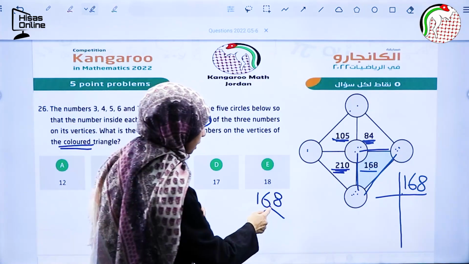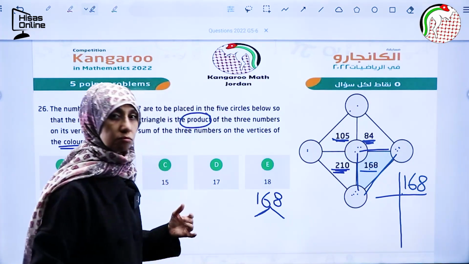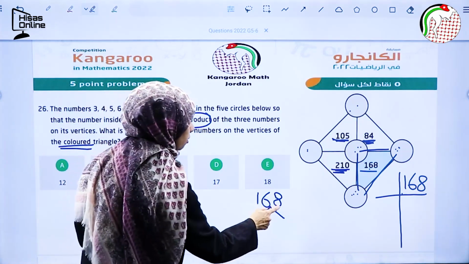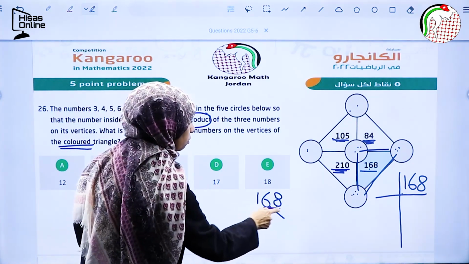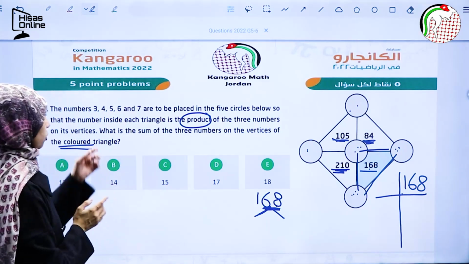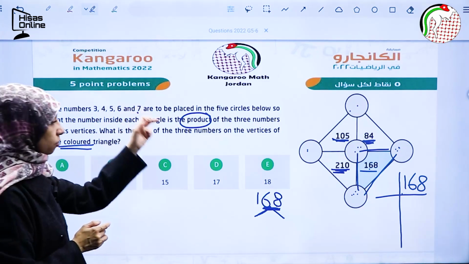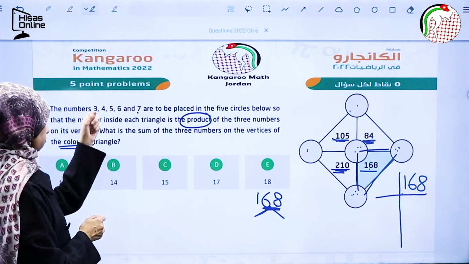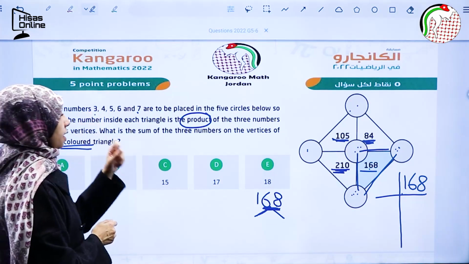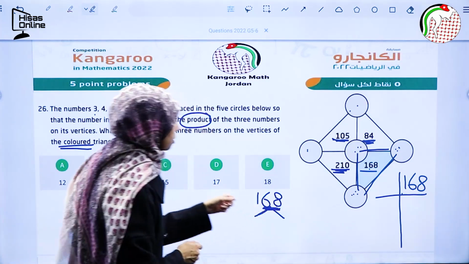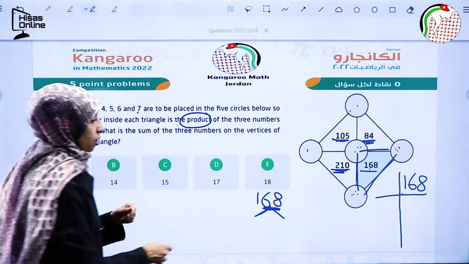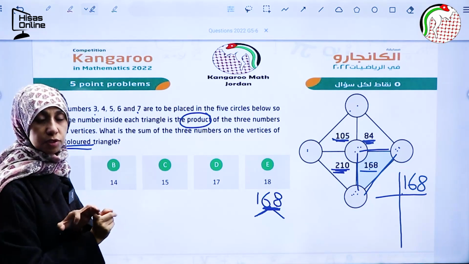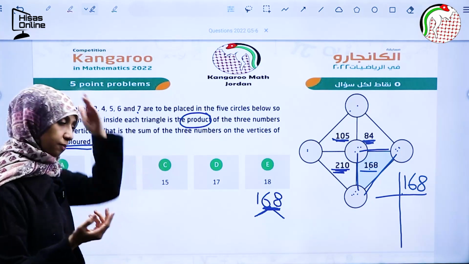So 168 is divisible by 3, as we can see here, and this is divisible by 4. If you don't know the divisibility rule by 7, we can rely on divisibility by 3, and since this is also divisible by 2 and it's divisible by 3, that means it's divisible by 6. So it's up to you.